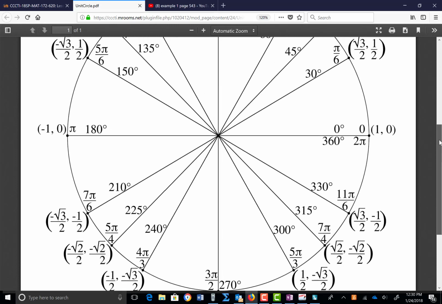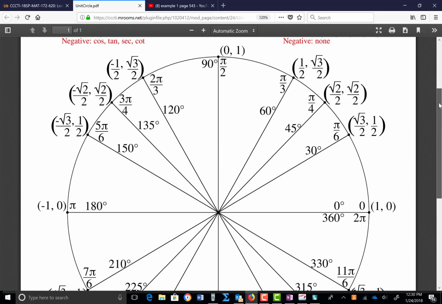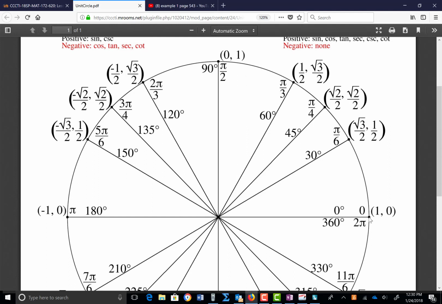So for that one, we want to look from 0 all the way to pi, which is right here. The only negative square root of 3 over 2 that is in the x value is this one, and it is clearly labeled as 5 pi over 6. So that would be my answer for that one.